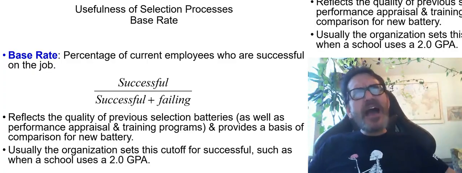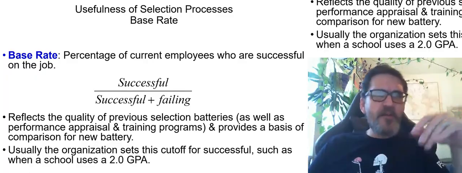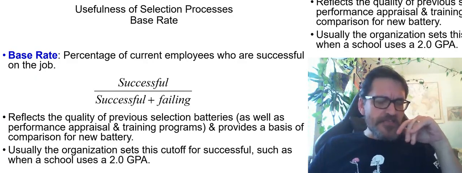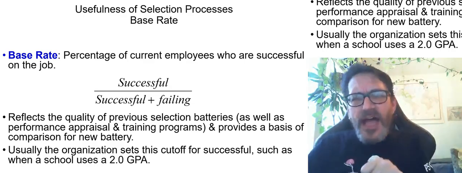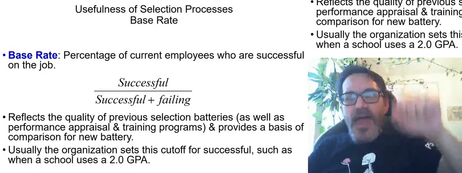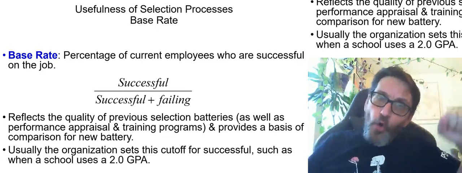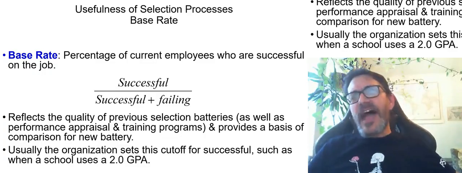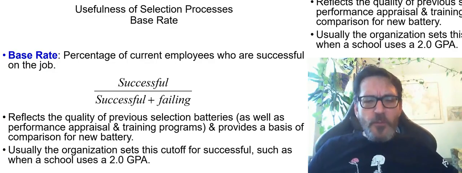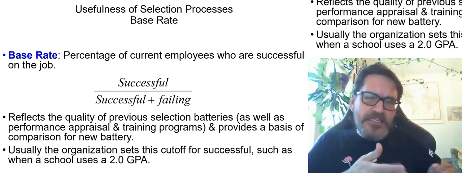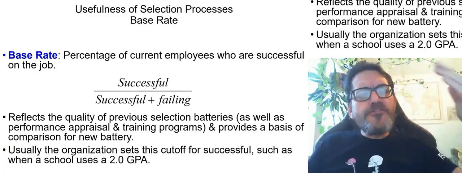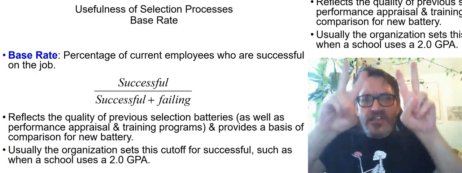Okay, so when considering how useful a selection battery would be, we also, as I said previously, need to consider the base rate. So it's not just how good am I at selecting employees, but how much better am I than the old method? To establish how successful the older method is before you develop a selection battery, you go into the company and you look at all the employees and you find some way to quantify what equals successful.